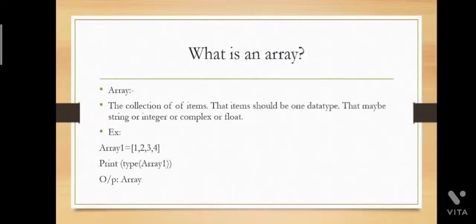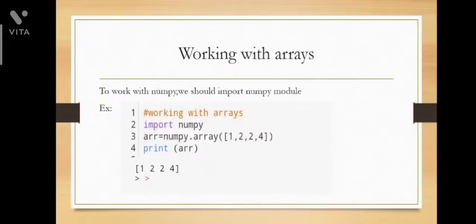So, what is an array? Array means a collection of items. Those items should be in one data type, that may be string or integer or complex or float. So if we declare array1 equals 1, 2, 3, 4 and print type of array1, we get the output as array. Now NumPy means working with arrays, right?